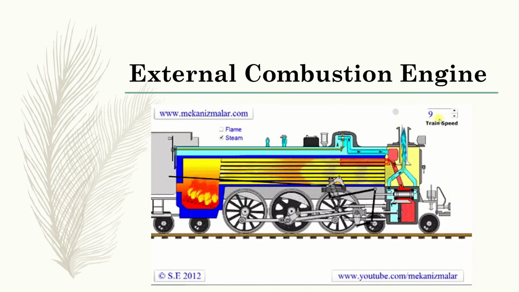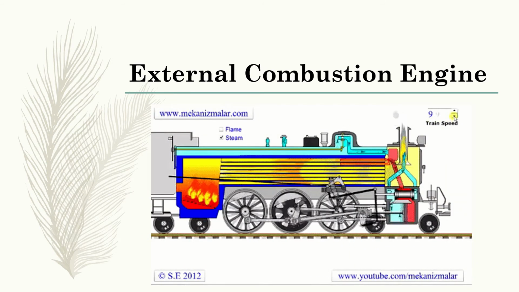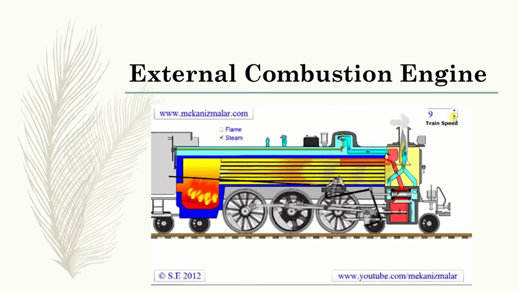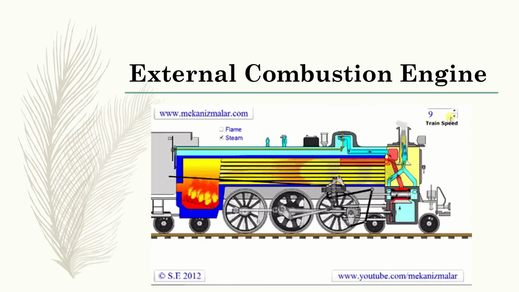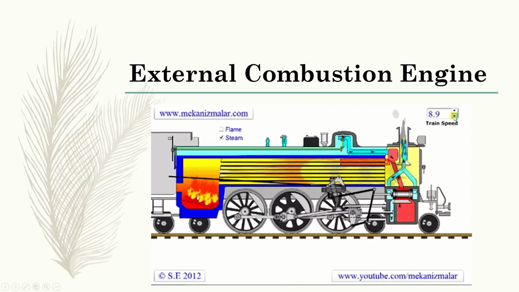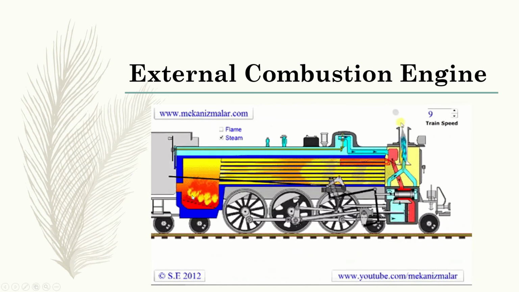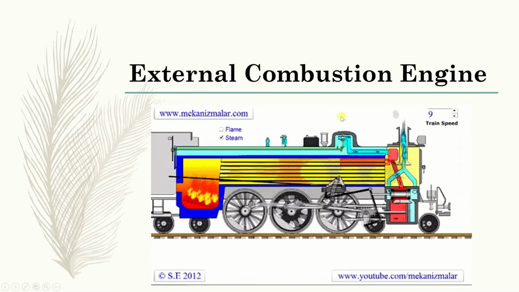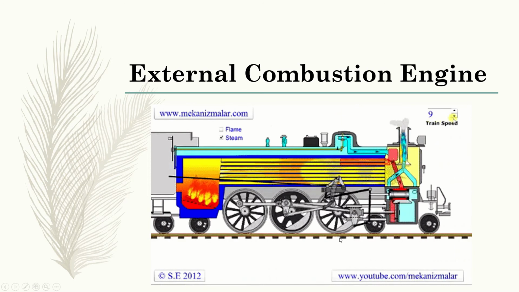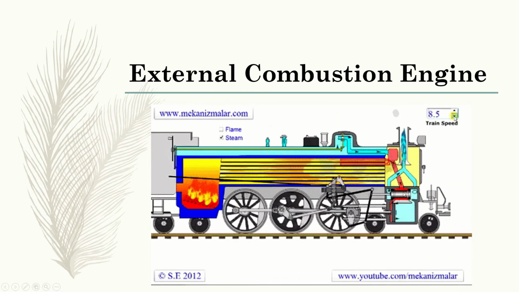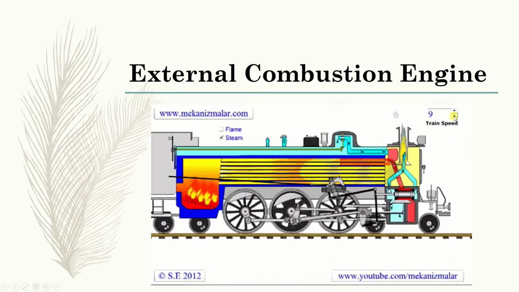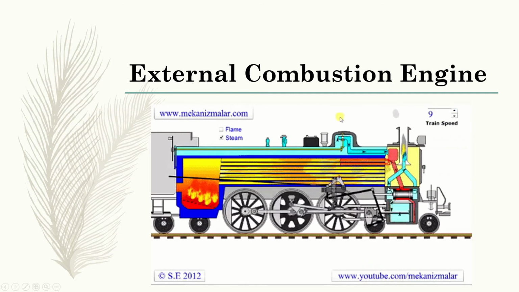So kung mapapansin nyo dito sa example ko is yung makalumang tren na ginagamit dati. 'Di ba nilalagay natin siya ng coal or ng mga uling. And then susunugin yung uling na yon, tapos yung heat na mapo-produce ng pagsusunog ng coal is pupunta siya dun sa water, which is magiging steam yung water. Tapos yung steam na yun, siya yung magpapagalaw dun sa piston. Tapos from piston to crankshaft.